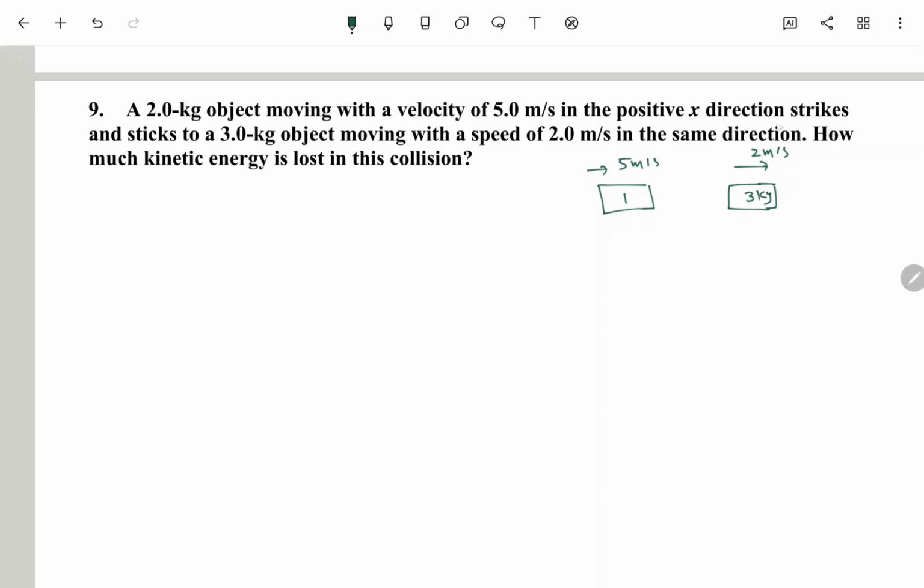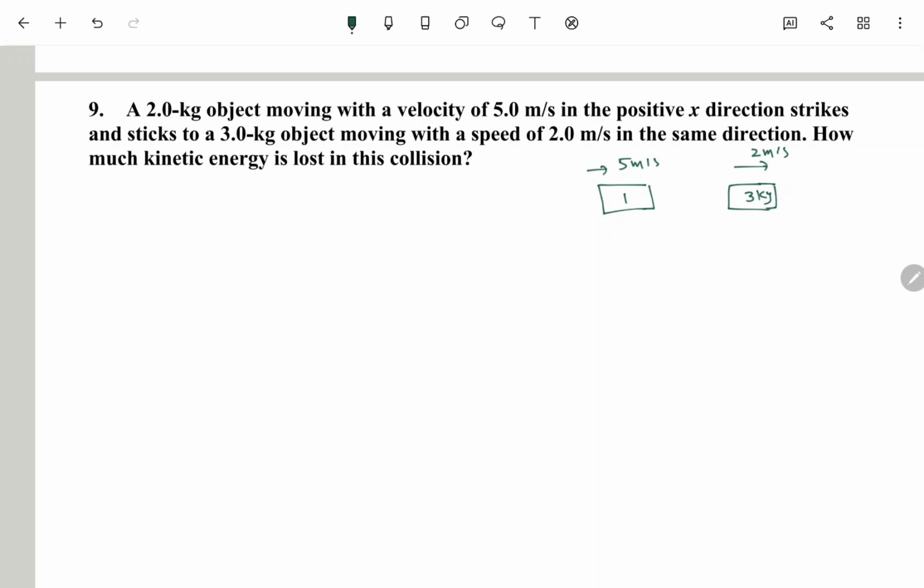Both objects stick together after the collision, which means this collision is completely inelastic. The question is, how much kinetic energy is lost in this collision? Since this is an inelastic collision, only the momentum is conserved and kinetic energy is not conserved. And again, this is a one-dimensional collision.